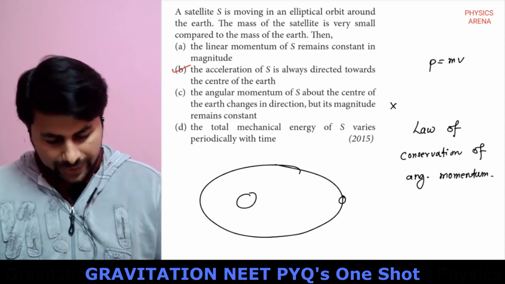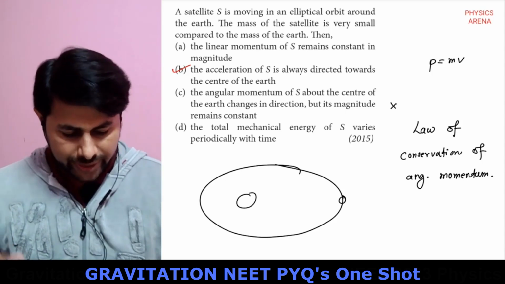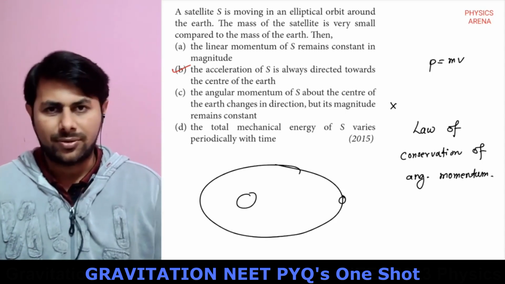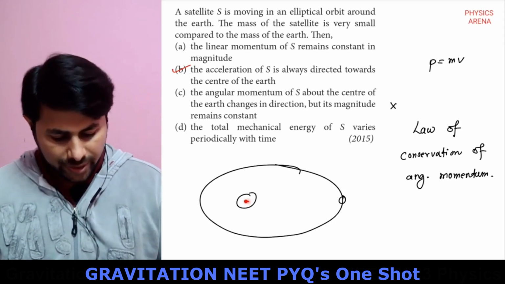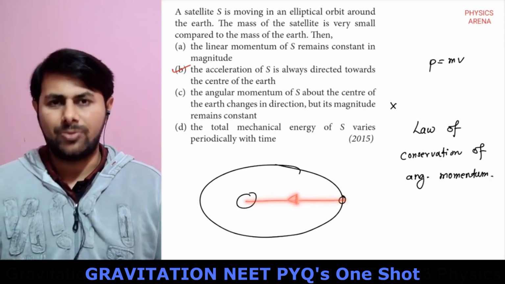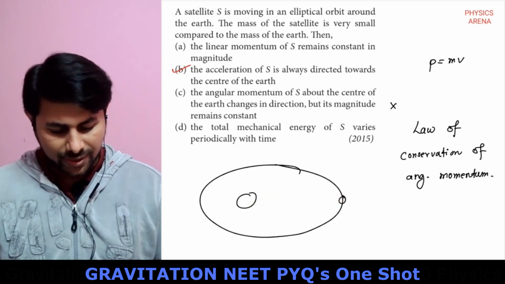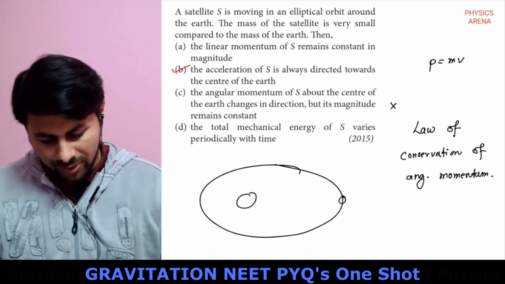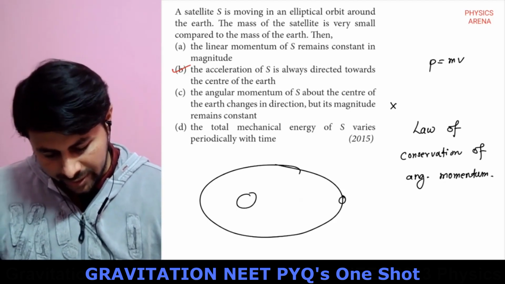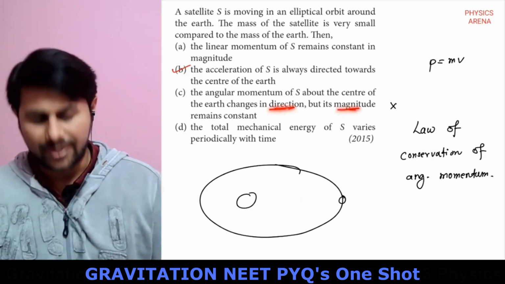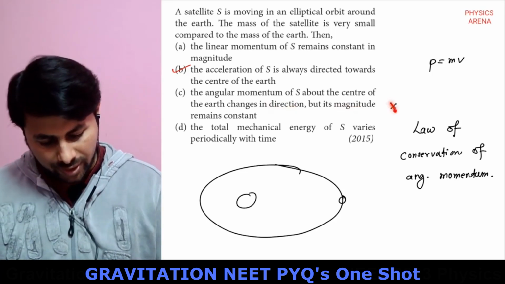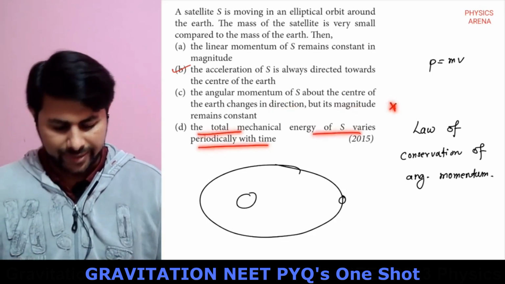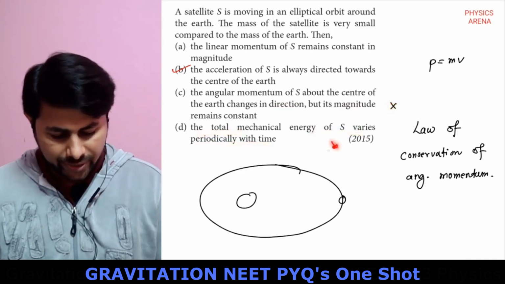Angular momentum remains not only constant in magnitude, it remains constant in direction also, because it is under the action of a central force. So this is wrong, and total mechanical energy varies periodically with time, again this is wrong.